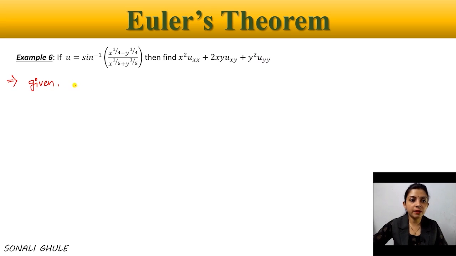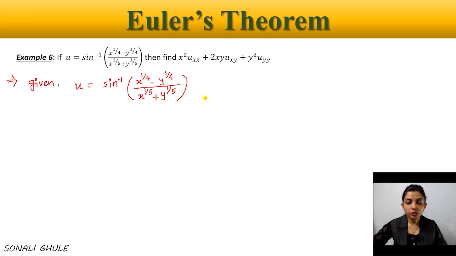What is the given part here? U is equal to sine inverse x raised to 1 by 4 minus y raised to 1 by 4 upon x raised to 1 by 5 plus y raised to 1 by 5.